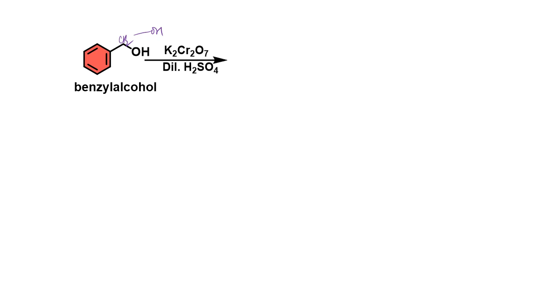Okay, now we will look into another example where I am taking benzyl alcohol. Benzyl alcohol is an aromatic ring with a CH2 branch and OH. So during oxidation, we lose hydrogens from the OH group and the neighboring carbon, and we are able to make a carbonyl here.